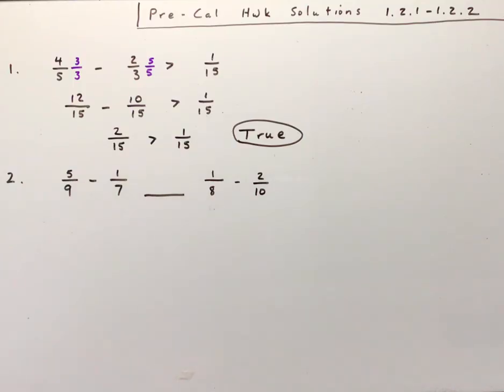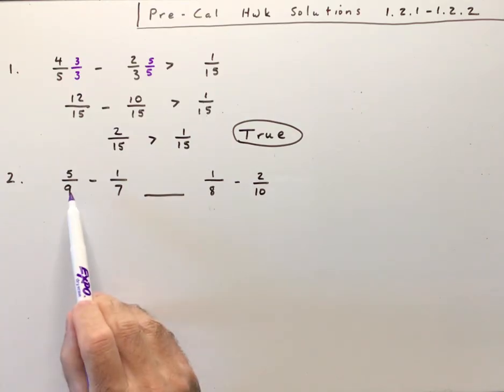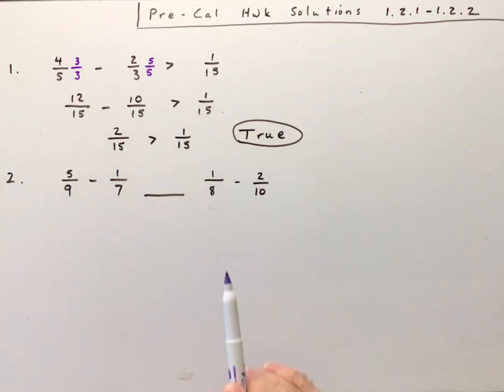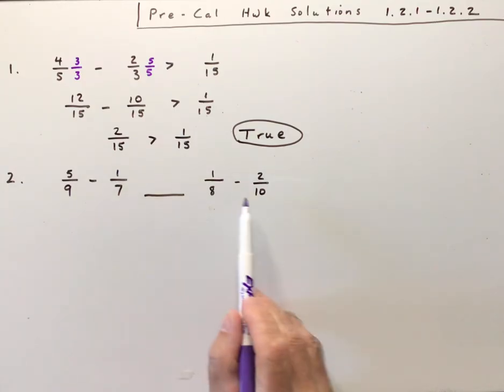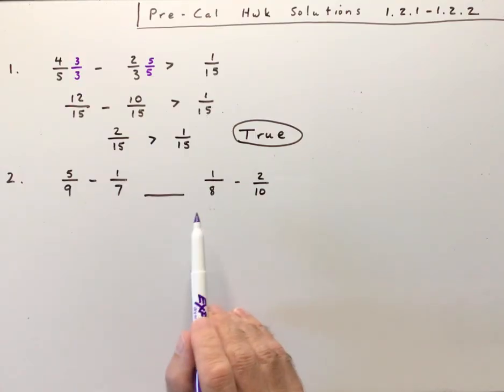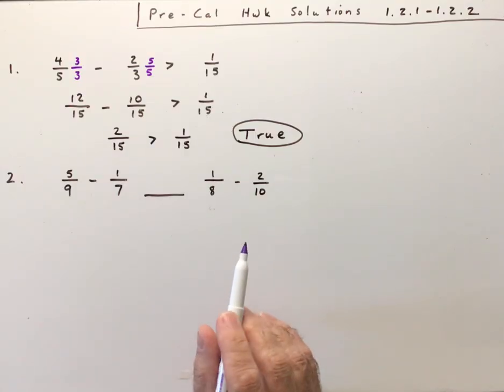I think that the easiest way to get a common denominator here, I'm not going to bother to try to find a common denominator between 9 and 7 and 8 and 10. I'm just going to get a common denominator on the left side and then a common denominator on the right side. And let's see if we can answer the question then.